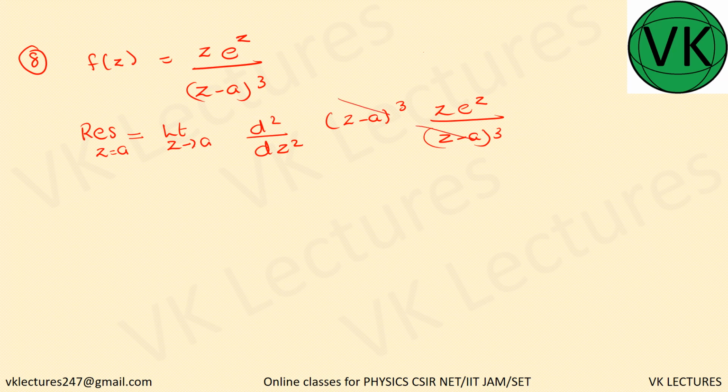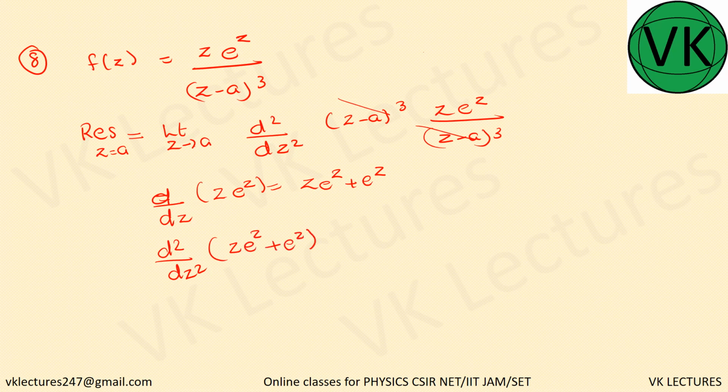This and this gets cancelled, and we got d by dz of z e raised to z, which is z e raised to z plus e raised to z. Then d square divided by dz square of z e raised to z plus e raised to z is equal to z e raised to z plus e raised to z plus e raised to z.